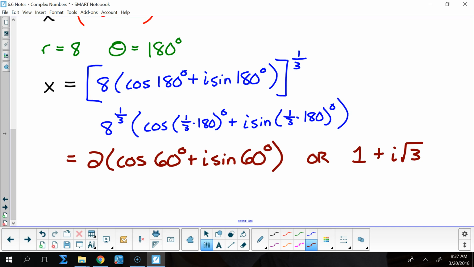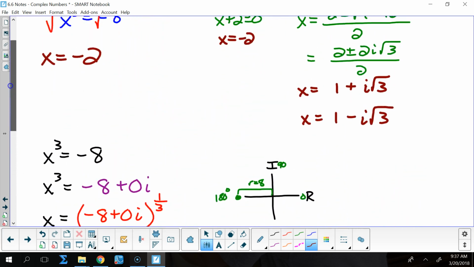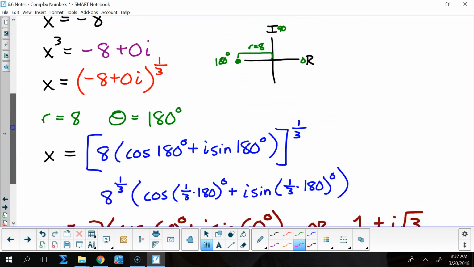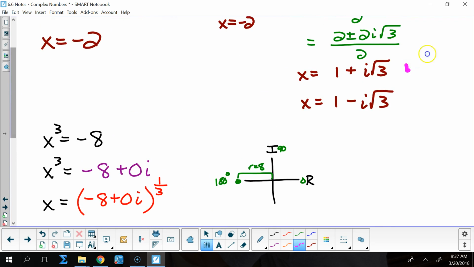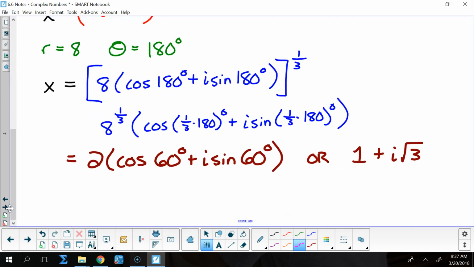Well, let's go back now to my original problem, and there it is. We just found that one. But how many more do we have? We've got 2 more to find. So here is the extra kicker.